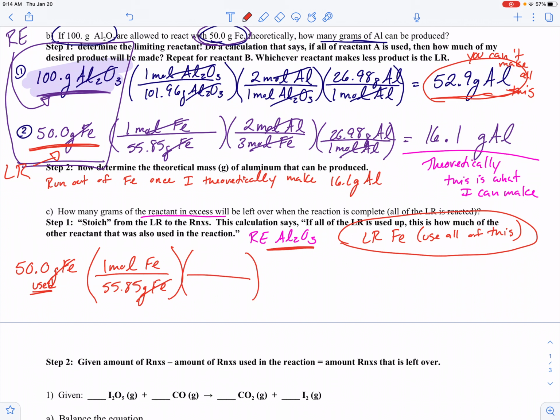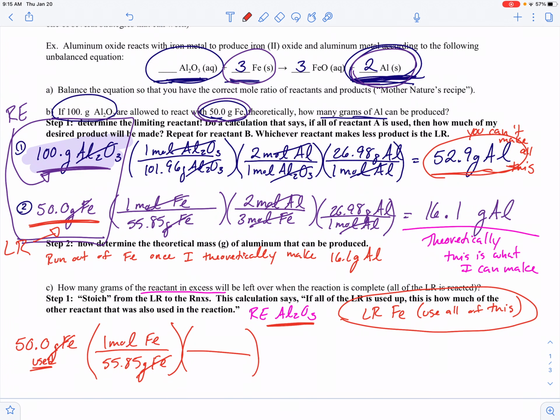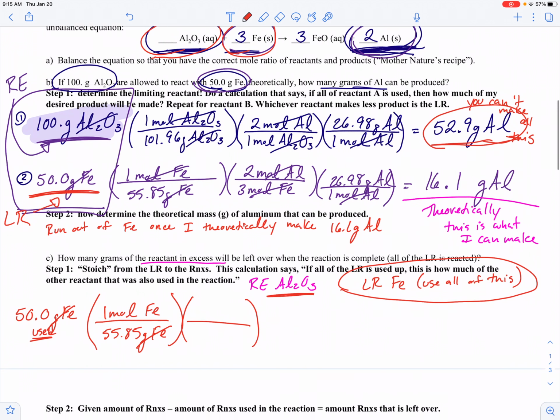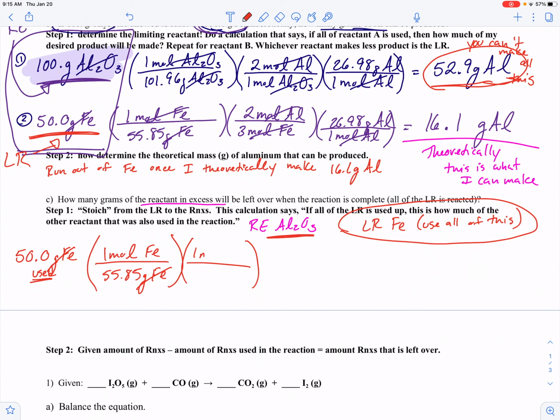And then this time I'm going to go to aluminum oxide because I want to know how much aluminum oxide I'm using. So I'm going to look at my balanced chemical equation. I see that I use 1 mole of aluminum oxide for every 3 moles of iron. And then I'm going to do that one last step and go into grams.